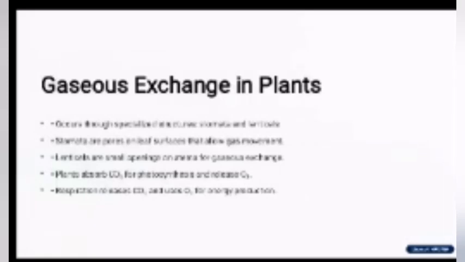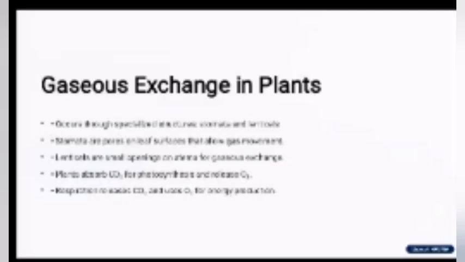Plants take in carbon dioxide and excrete oxygen. Hope we are together. In primary school and secondary school, we are taught that organisms take in oxygen and release carbon dioxide. Now, in plants, it looks as if the reverse is the case. Plants take in carbon dioxide and breathe out oxygen.